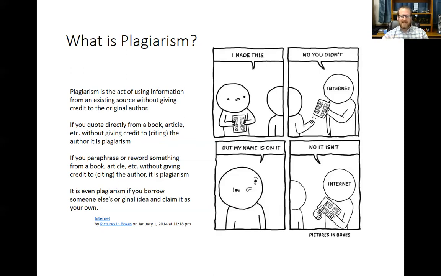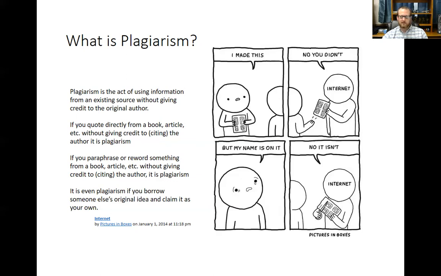So let's get a working definition of what plagiarism actually is. Of course, that's just the act of using information from an existing source without giving credit to the original author. Now, the wording here is important because when we think about plagiarism, we tend to think it's if we quote from a source and we don't give credit to the author for the quote. Sometimes we feel like if we reword something, we're not plagiarizing, right? If we put it in our own words, we're not plagiarizing.